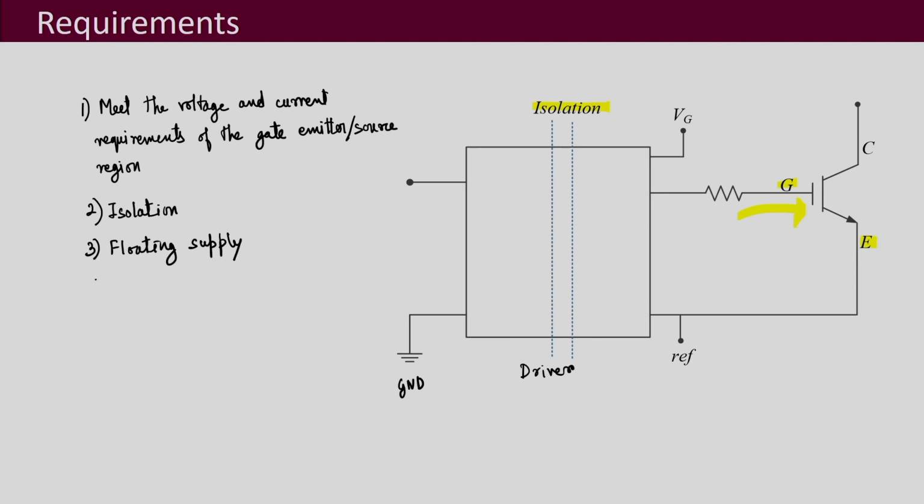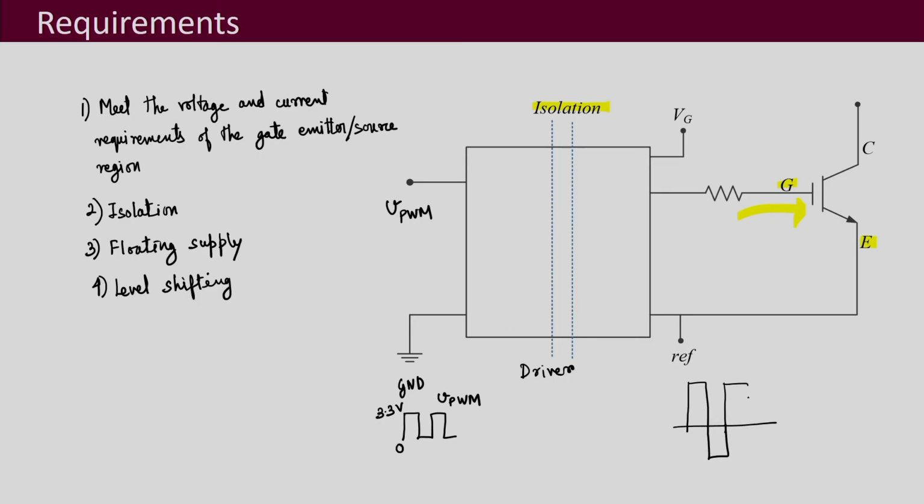Next, it should be able to do level shifting. Now, what do we mean by level shifting? It is very simple: it should be able to shift the voltage level. Let us say this is your 3.3 volt VPWM, which is applied over here. This is what comes to the input side of the driver, and on the output side of the driver, a different voltage may be given.